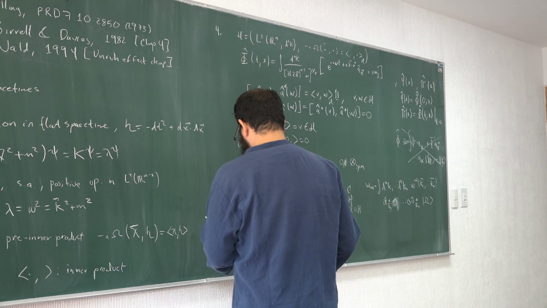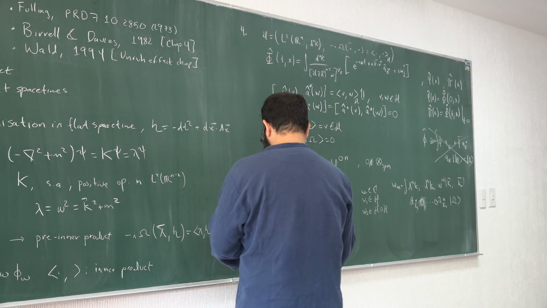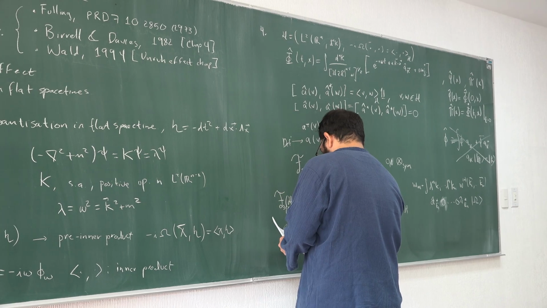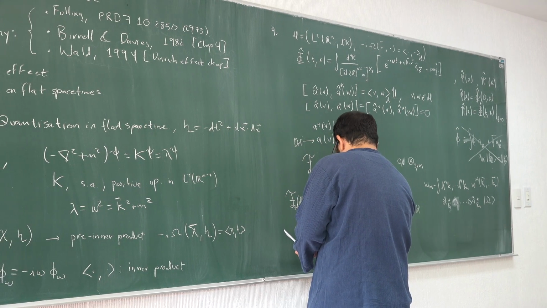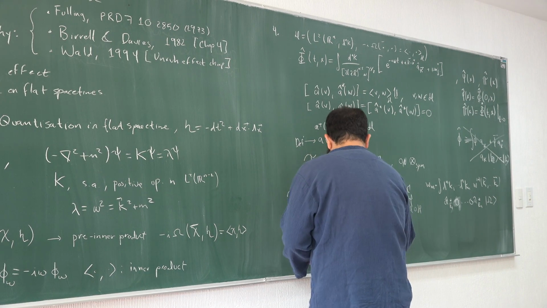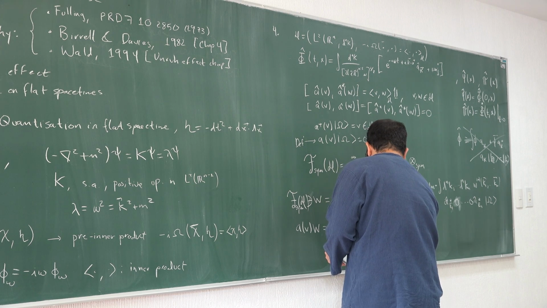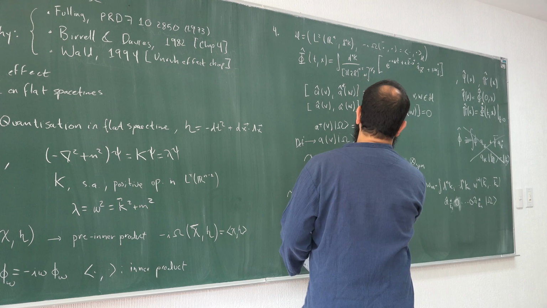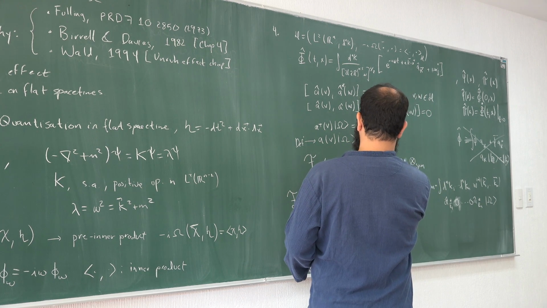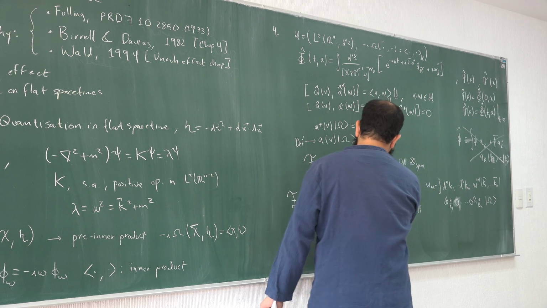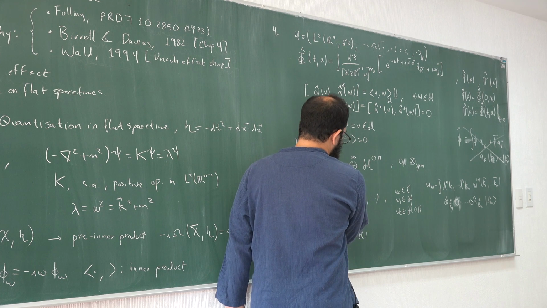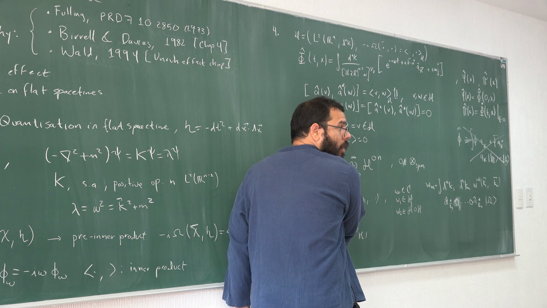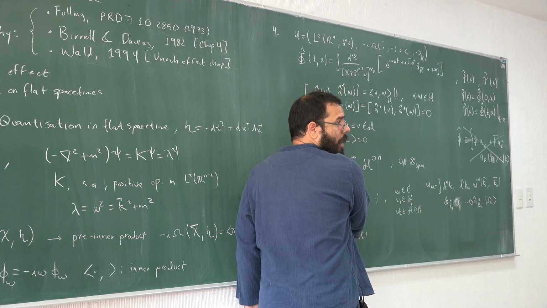And I told you I was going to tell you how they act on these vectors in Fock space. So the annihilation operator acts in the following way. It will contract with, so where's my W? Where have I written it? The annihilation operator will completely make the complex number disappear.